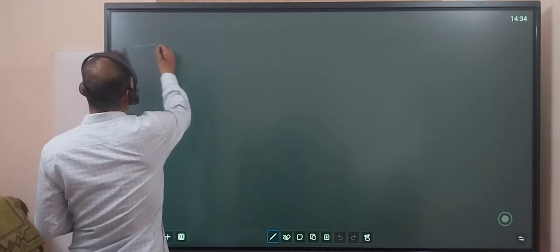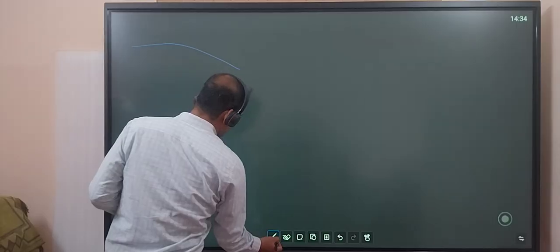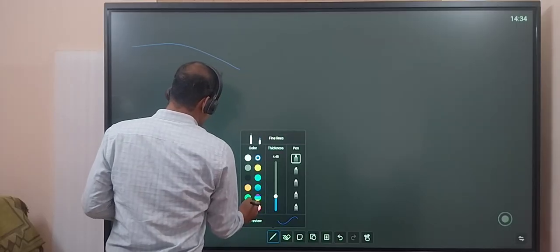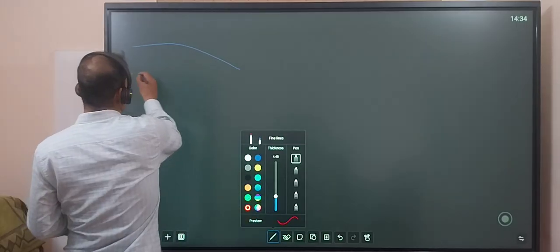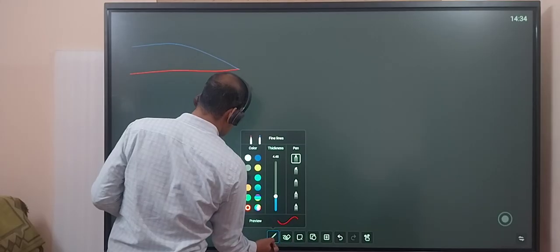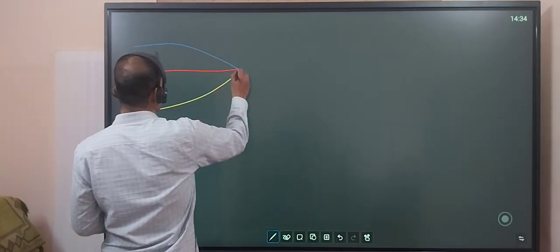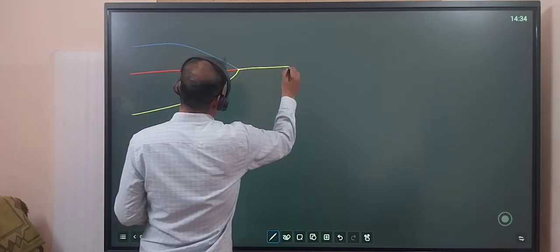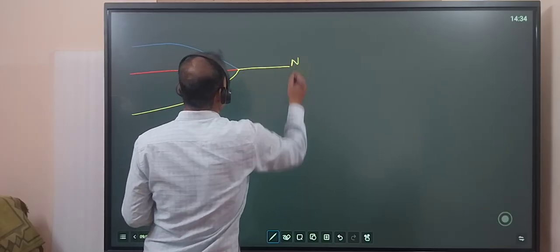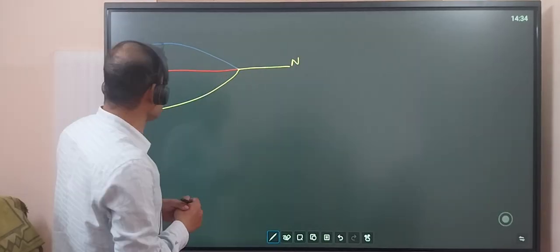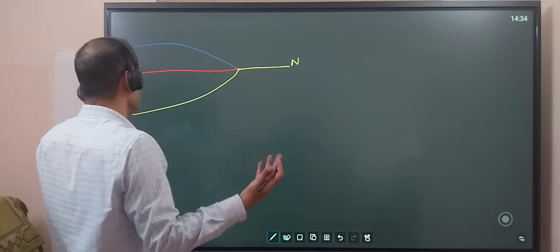Some wire is blue, some wire is red, some wire is yellow, and they are getting added and we get neutral. So why are we getting neutral?